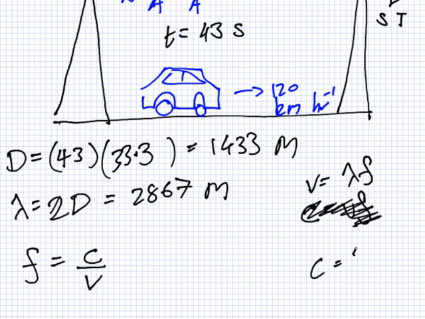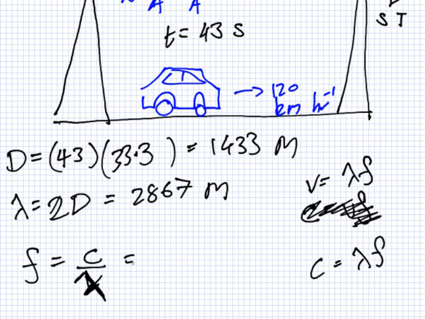c equals lambda f. So f equals c over lambda, of course. Lambda was 2867.